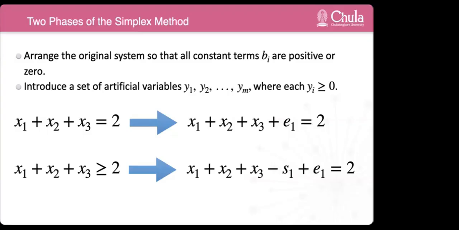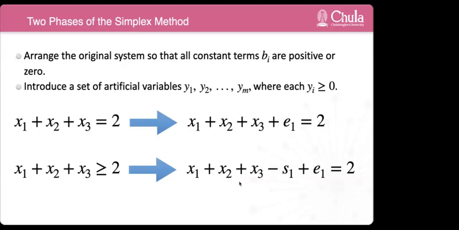And the next one, if you have greater than or equal, the right hand side might be positive. You cannot make it positive without using greater than or equal. If you change it to less than or equal, it must be -2, which is negative already. So you make the right hand side positive and allow the greater or equal.